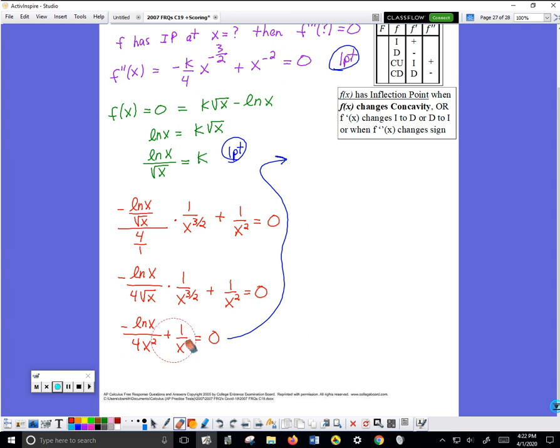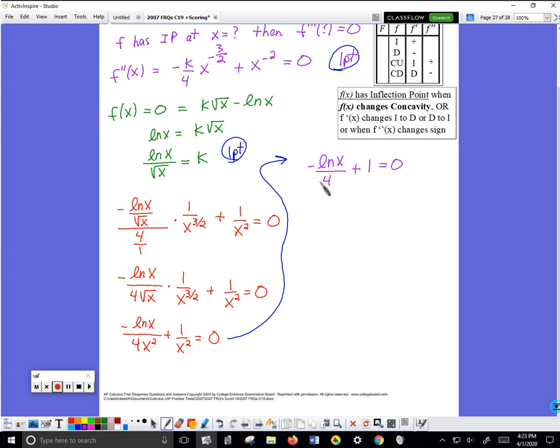If I multiply both sides by x squared, the x squared will multiply out. Then I'll have negative ln of x over 4 plus 1 is equal to 0.